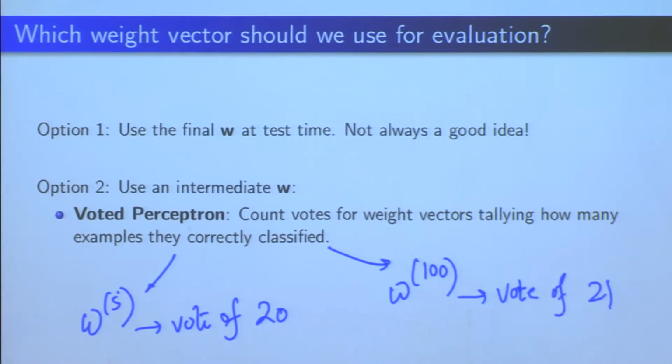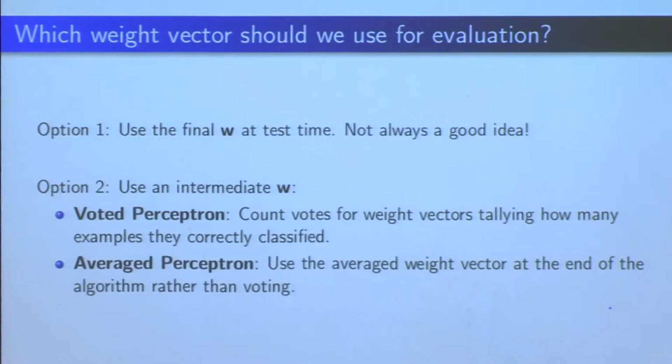Maybe over all the iterations, just one additional example got correctly classified, because it's after all best effort. So voted perceptron says, let's give weightage to those intermediate W's and take a weighted average, not only the final one, but this is a heuristic after all. There is also average perceptron, which says give equal importance to all the weight vectors that you get.